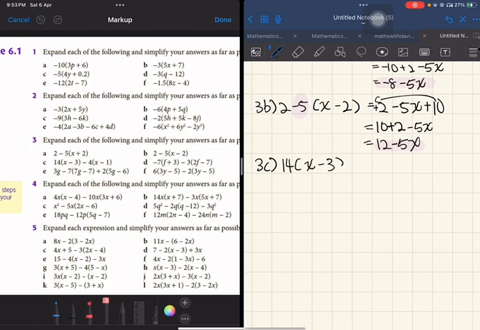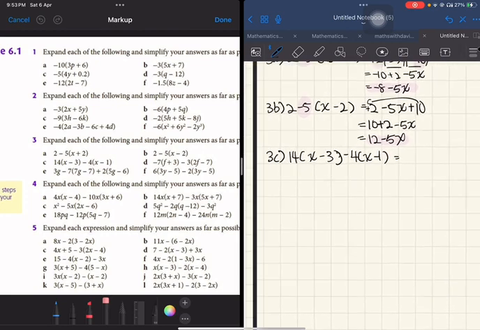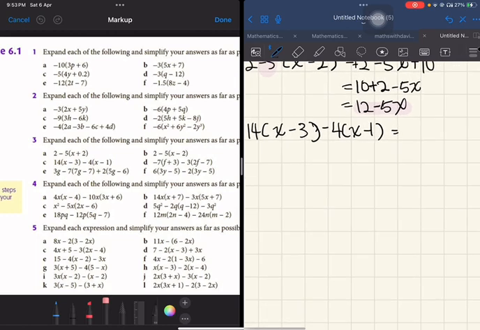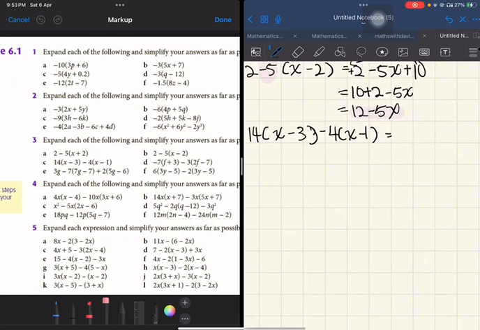14x, 3 subtracted by 4x, 1. Okay. So for this one, you have two of them now, so still the same thing. 14 times positive x, we get 14x.